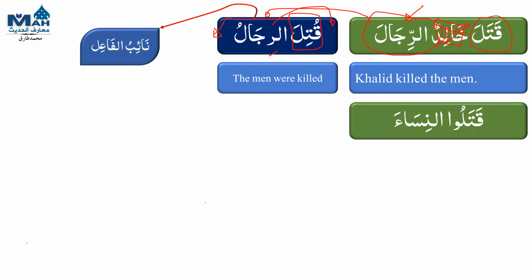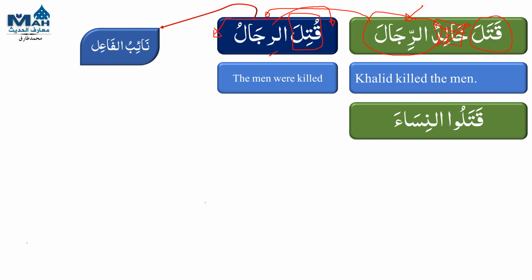Next sentence. Qatalun nisa. Okay. They all killed the women. Women, plural, sir, it is. To make converted to majhul. Okay, sir. Majhul. Kutilan nisa'u. Okay, an-nisa'u is muzakkar or muannas?